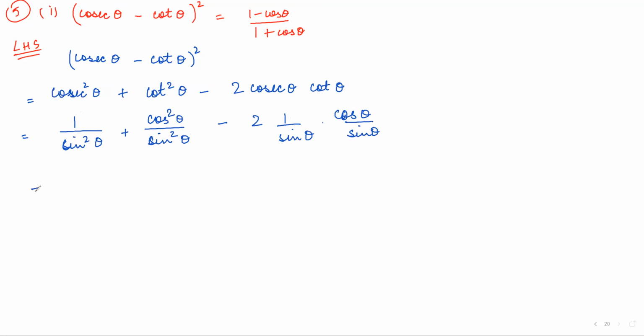Okay, now you can see sine square theta is same, the denominator is same, so the LCM remains sine square theta. So here I get 1 plus cos square theta minus 2 into cos theta, right?